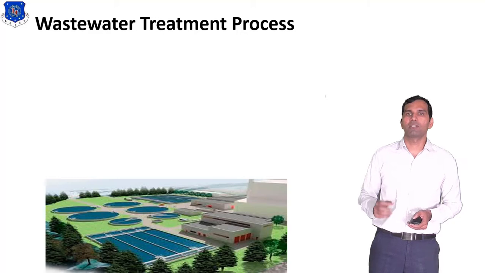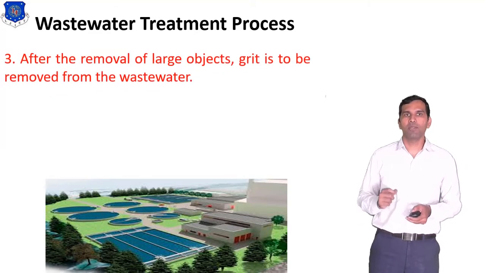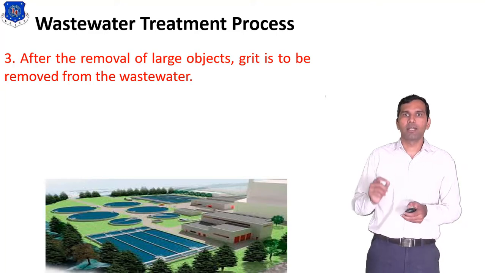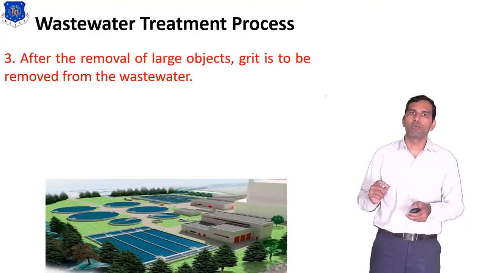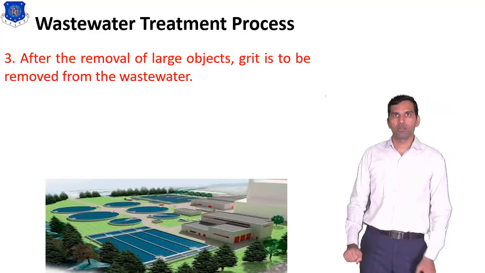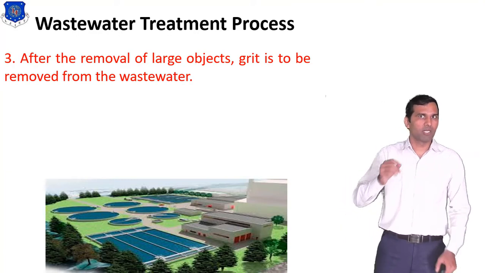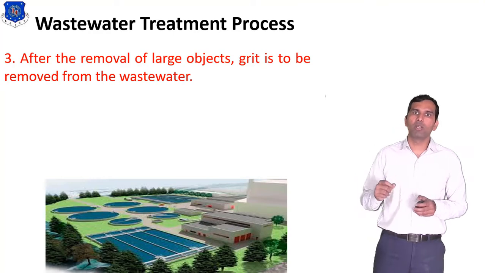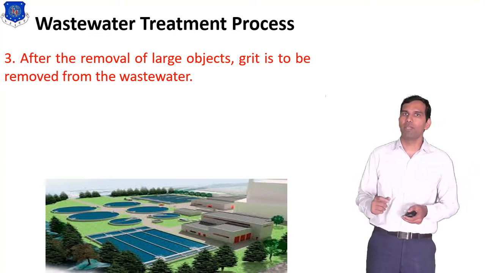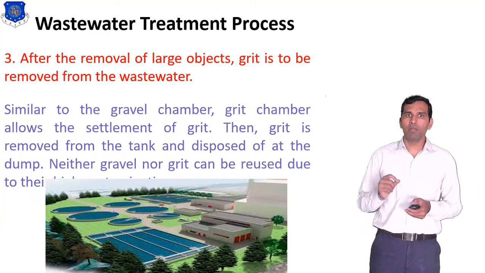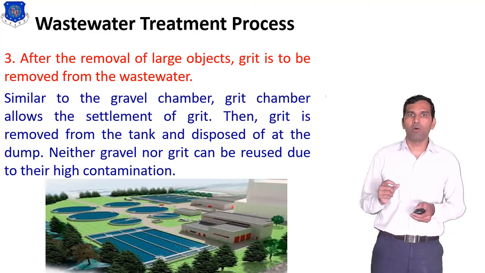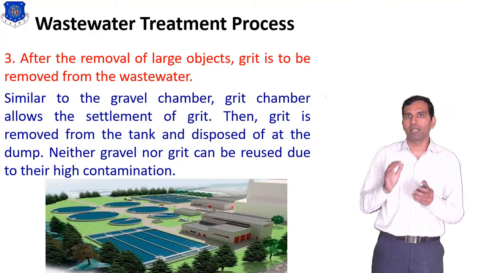Now, the third step. After the removal of large objects, the grit is removed from the wastewater. In the last step, we removed the large objects from the water. Now we remove the grit. Similar to the gravel chamber, the grit chamber allows the settlement of grit.